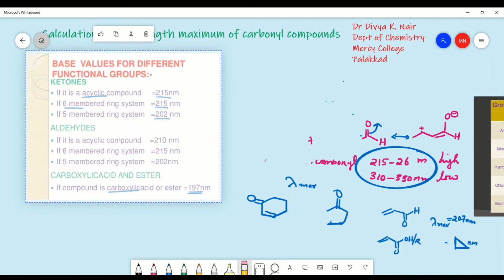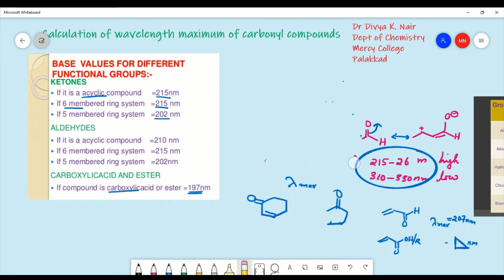So we have seen, in the case of polyenes and dienes, the contribution of a double bond extending conjugation.